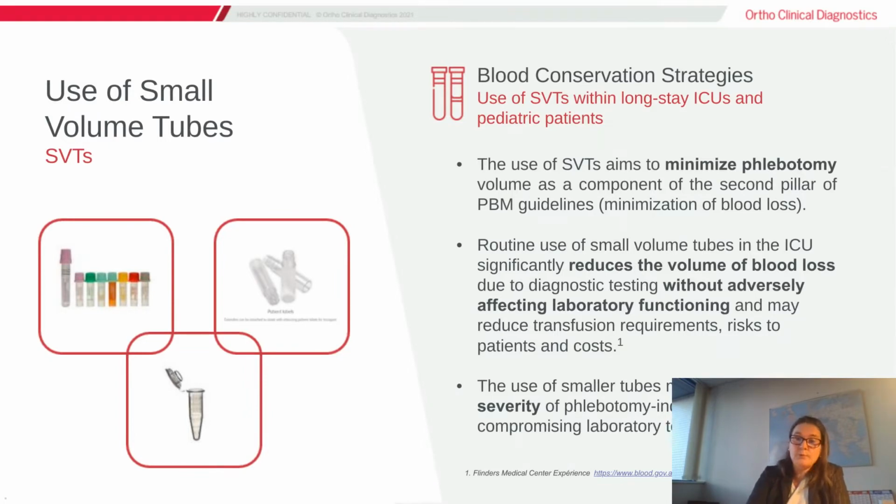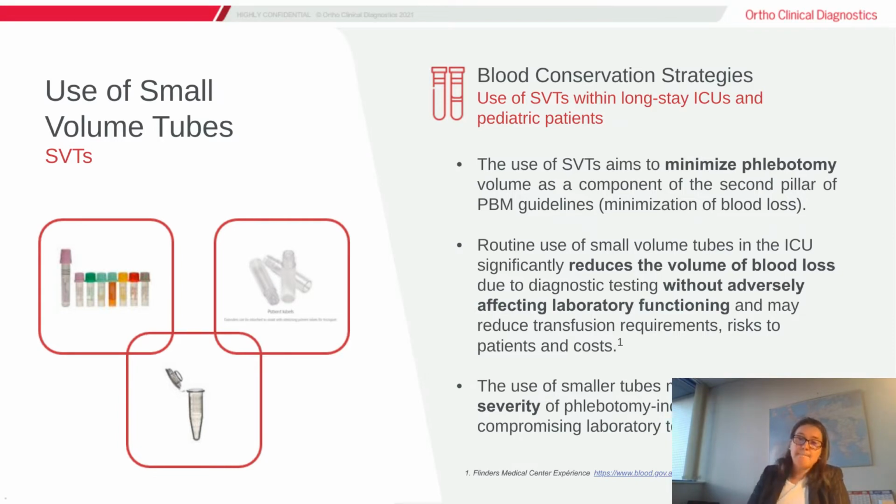Routine use of small sample volumes in the ICU has proven to significantly reduce the volume of blood loss due to diagnostic testing without adversely affecting lab operations. This might ultimately reduce transfusion requirements, which are associated with elevated risks for patients as well as costs.